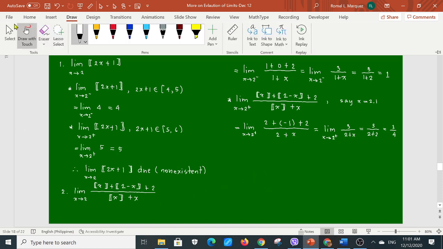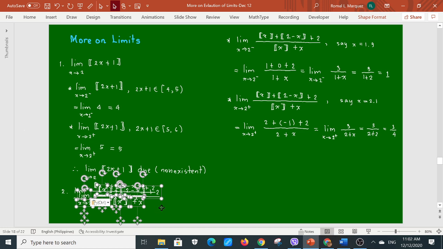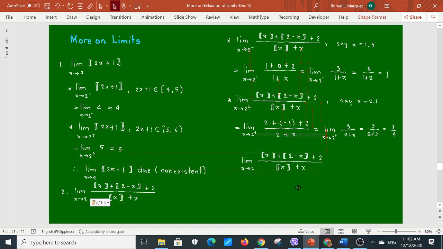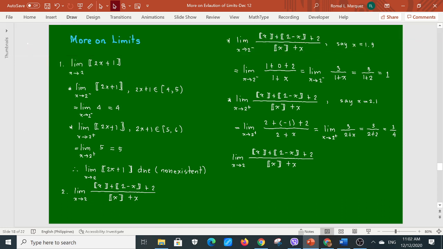Let's copy this. So that's how to evaluate if you have a limit like that, okay? You can't apply the substitution technique immediately because the behavior from the left and from the right are not the same, no?